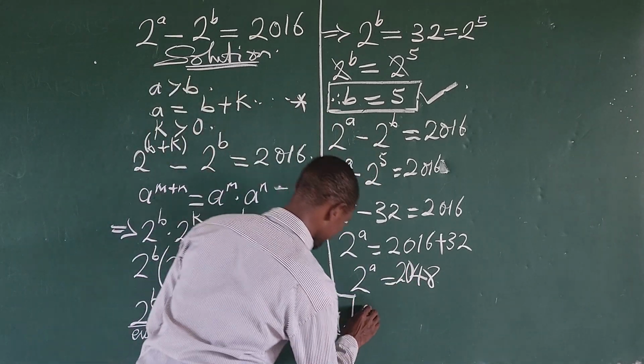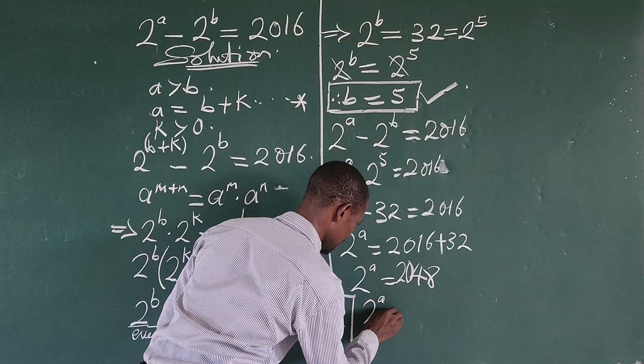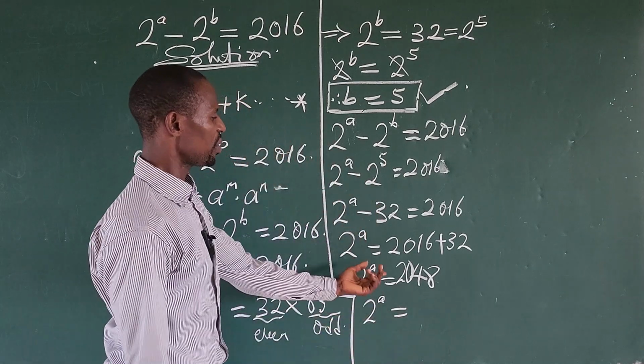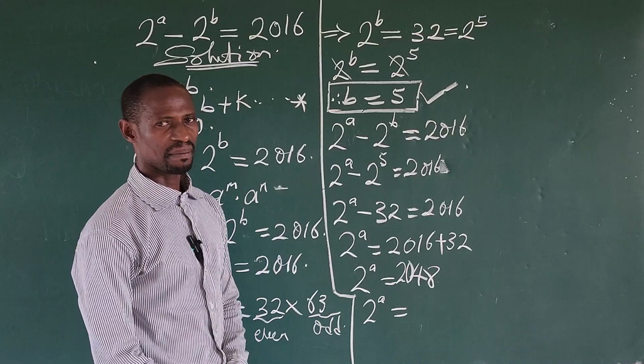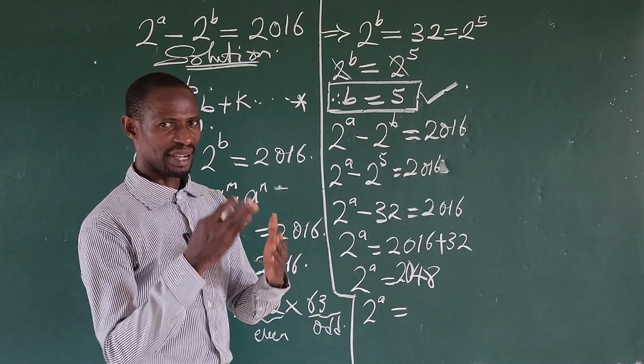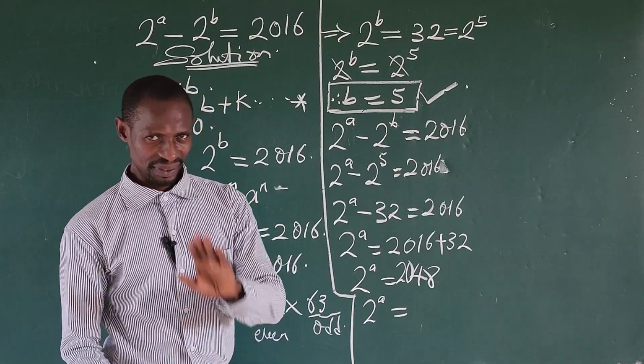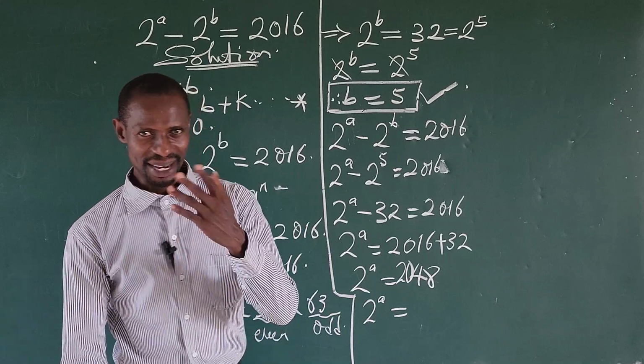So we now have 2 to the power of a equal to 2048. We can express this in base 2 by dividing gradually to see if it can be expressed in base 2. All right, let's do that.